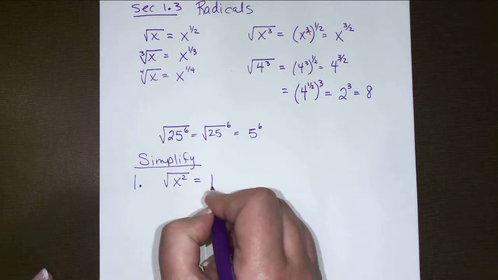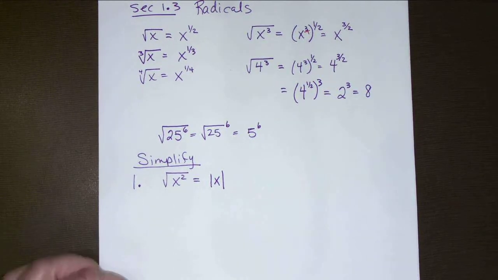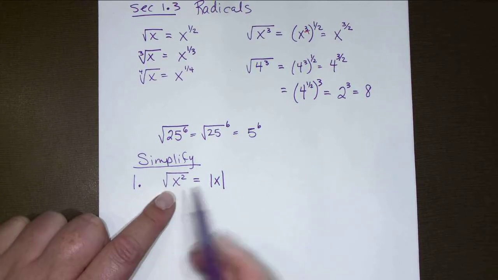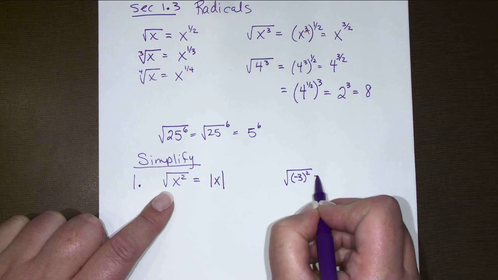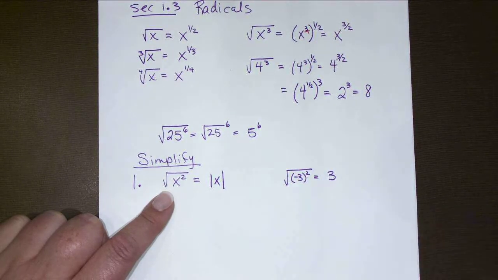Now, if we want to be technically correct, we would write absolute value of x, but I'm not expecting you to do that, because we don't really need the fact that the answer is always going to be positive when you take a square root. What this is talking about is something like this: the answer is 3, not -3. So they don't actually just cancel out like you're thinking.